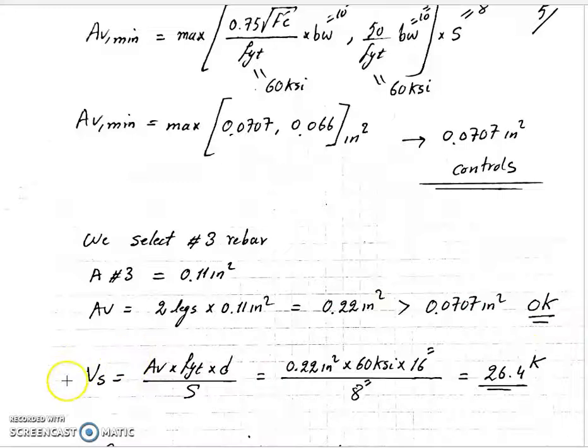So now we find the shear capacity of our stirrups or steel based on the Av that we get, two number 3s. So this is the equation for that: Vs is equal to Av multiplied by fyt multiplied by d over s. So you plug and chug all those values and we get 26.4 kips.